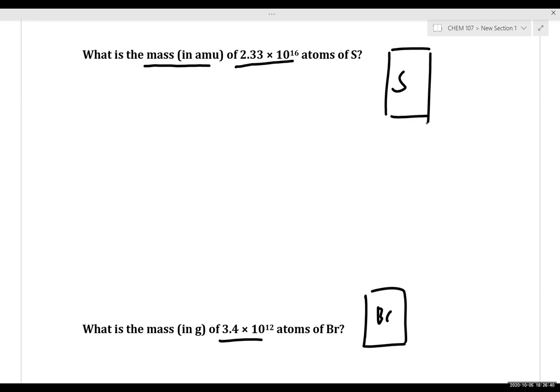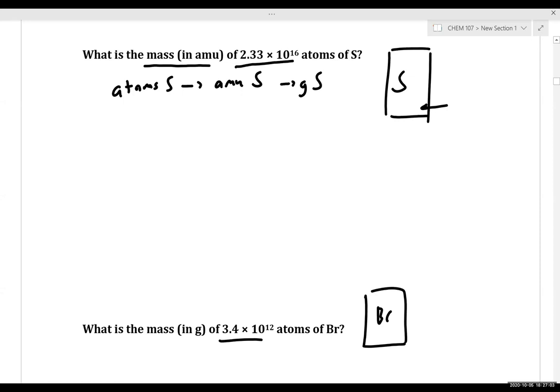Okay, so let's take a look at this example. We're asked to calculate the mass in AMUs of 2.33 times 10 to the 16th atoms of sulfur. So we're trying to go from atoms of sulfur to grams of sulfur, and our stepping stone is going to be AMUs of sulfur.